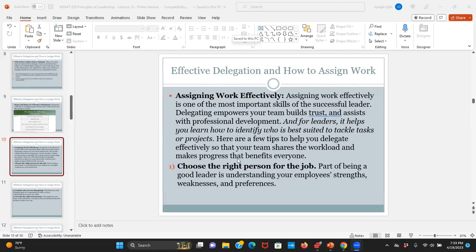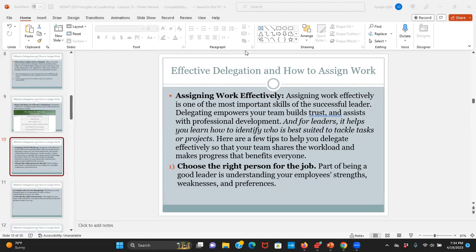So it also means that while doing delegation of jobs, you are at the same time empowering your team, building trust, and assisting them with professional development.